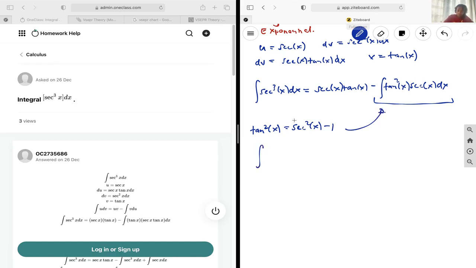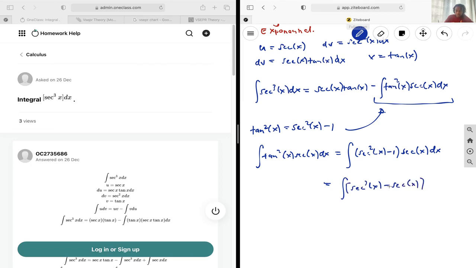And so we get the integral of tan squared x secant x dx is equal to the integral of secant squared x minus 1 times secant x dx. And when we multiply that out, that would be equal to the integral of secant cubed x minus secant x dx.